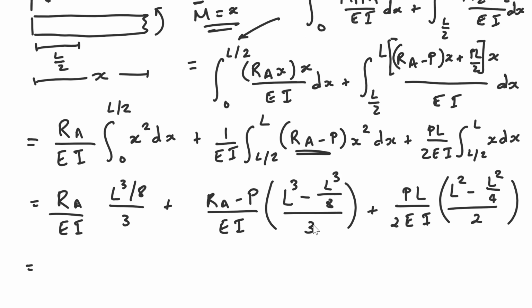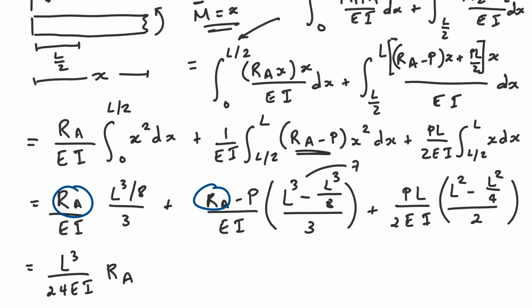Okay, L cubed over 24 EI times RA. And what I want to do here is single out the RAs, because this is what we're solving for in the end. So what's L cubed minus L cubed over 8? Well, this is 8 L cubed over 8, so it's going to be 7 L cubed over 8. So this right here is just 7 L cubed over 8.